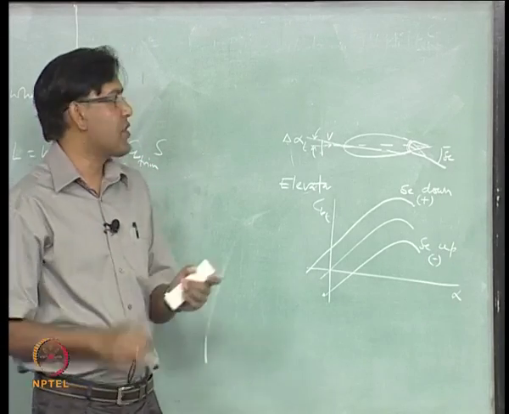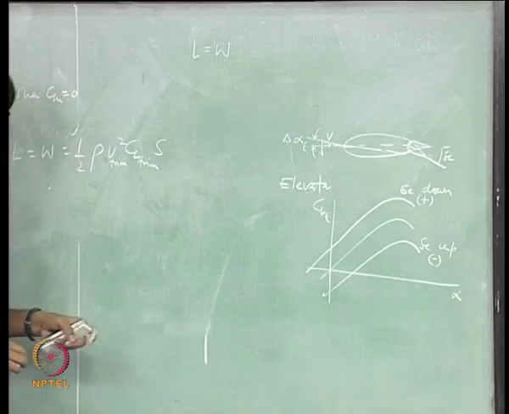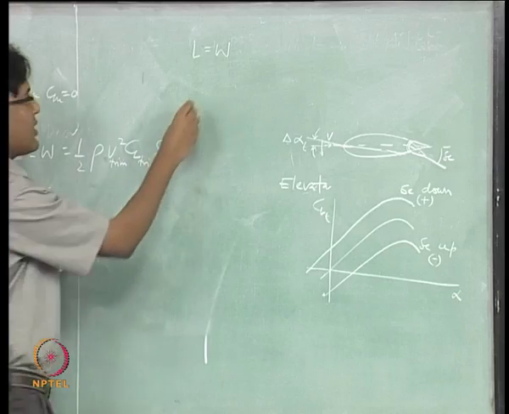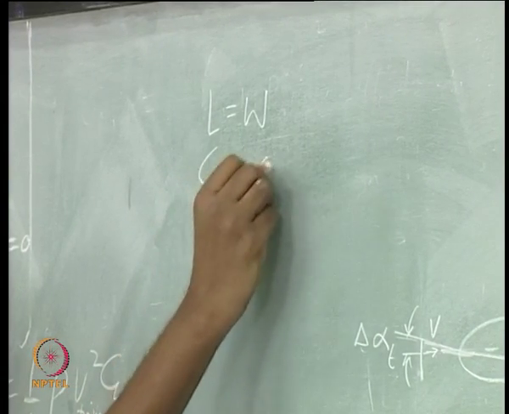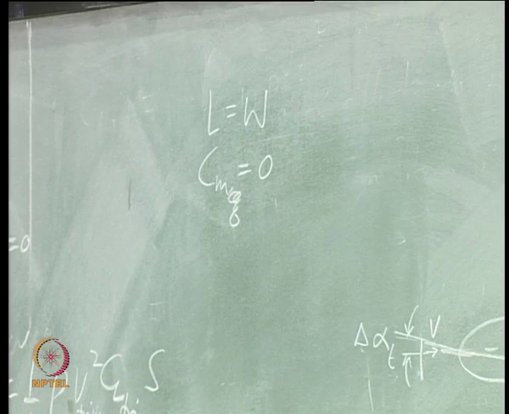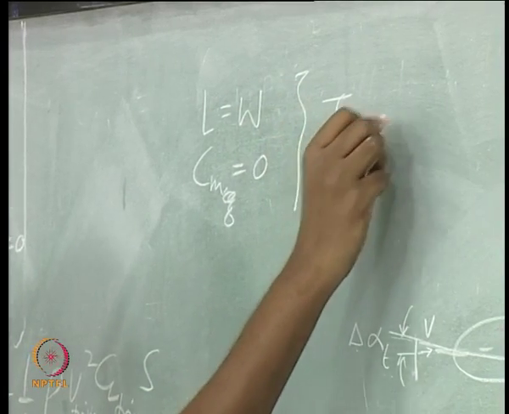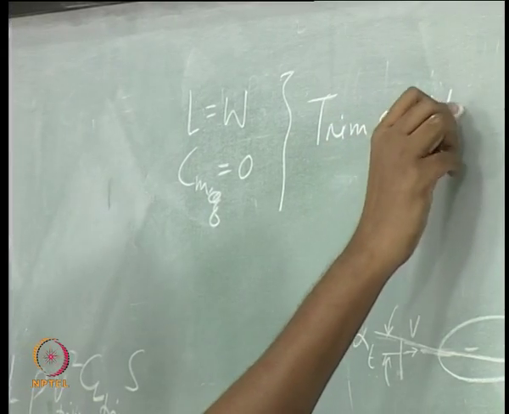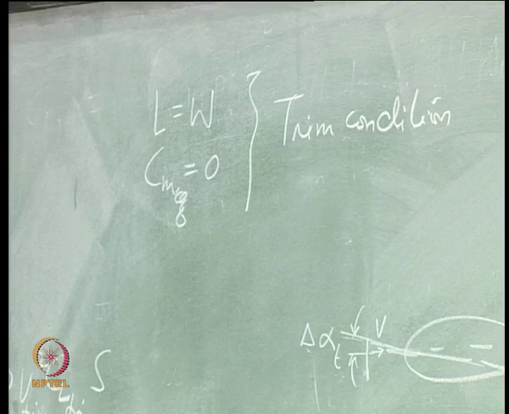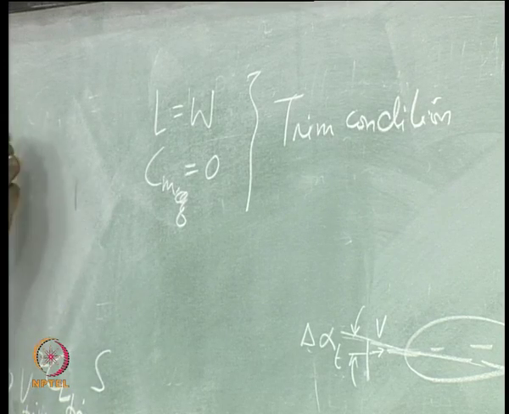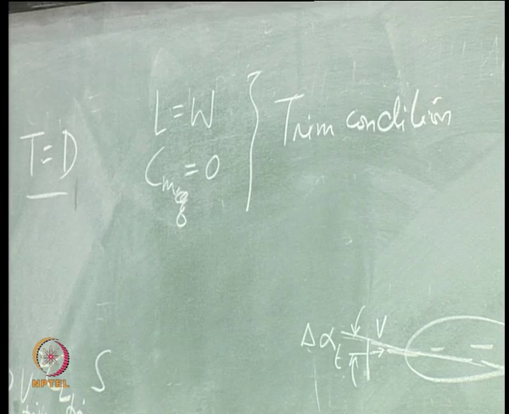No, remember we have to talk about lift equal to weight and also CmCg equal to 0. This will define the trim condition or the equilibrium condition, right. We are also assuming that thrust is always taking care of the drag.